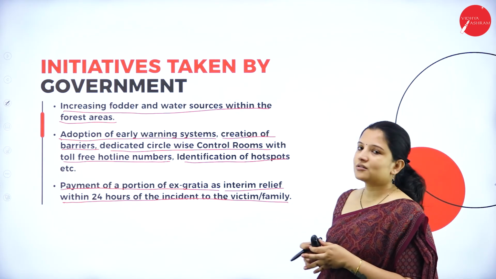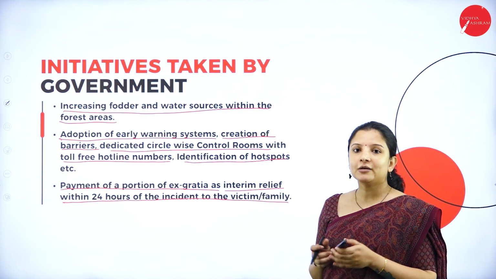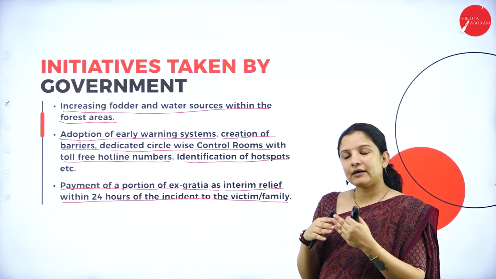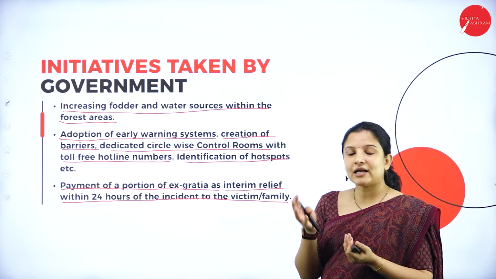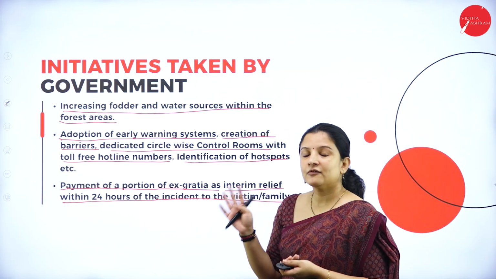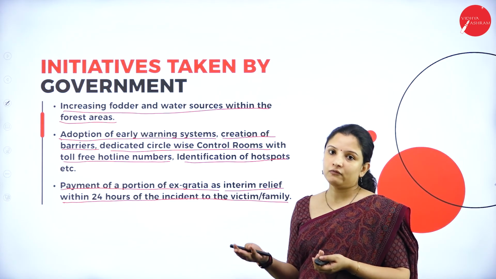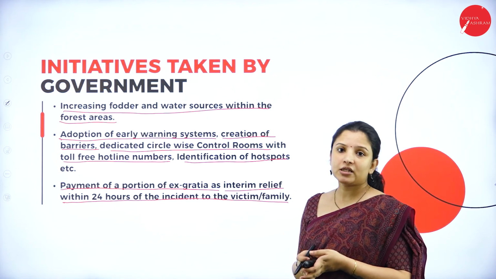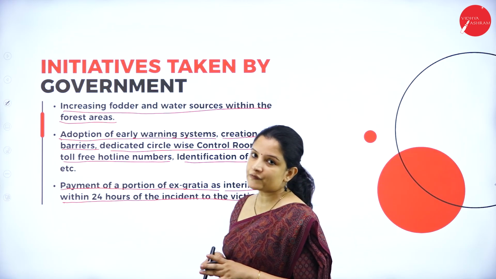So all these options can be followed, so that people will not have to take their own decisions and with haste go in for killing the wild animals, therefore preventing further human wildlife conflict. So these are the initiatives that are taken by the government of India.